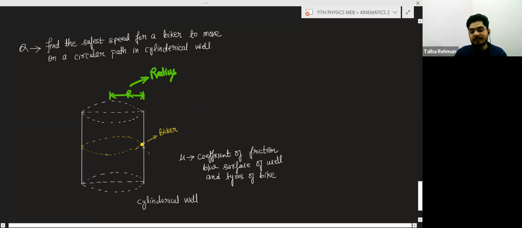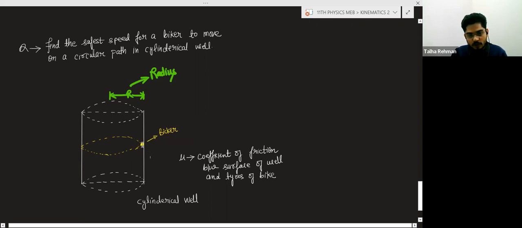What will be the safe value of the velocity or speed for which the biker should not slip in the downward direction? This is the surface of the well. Suppose the biker is here.